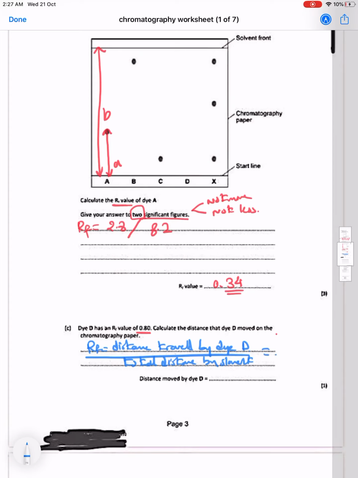So the total distance was 8.2. I'm going to call this A, and the RF value is given as 0.8. So to find A, you're just going to multiply 8.2 times 0.8, which will be 6.6 centimeters, the distance traveled by dye D.